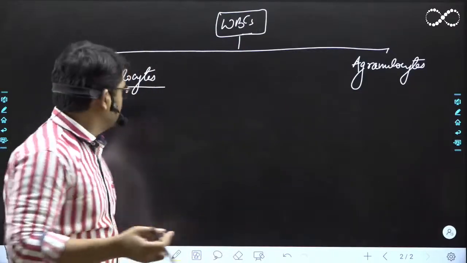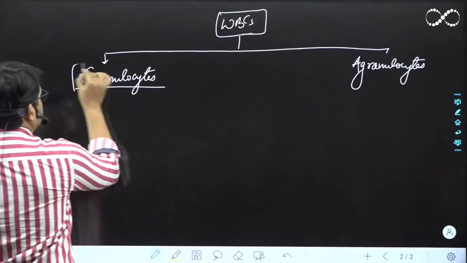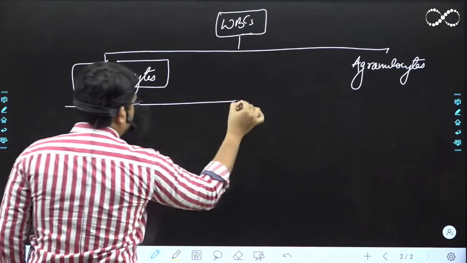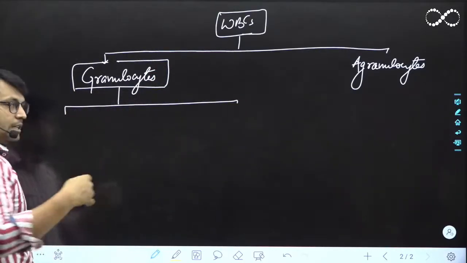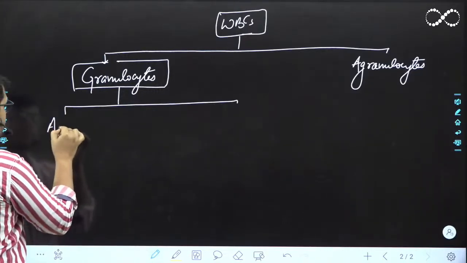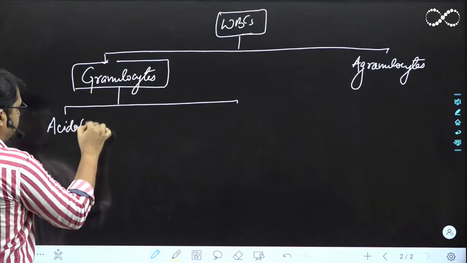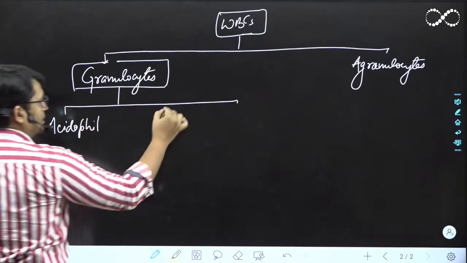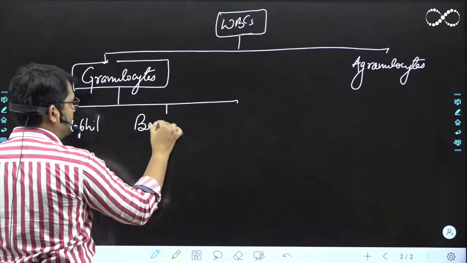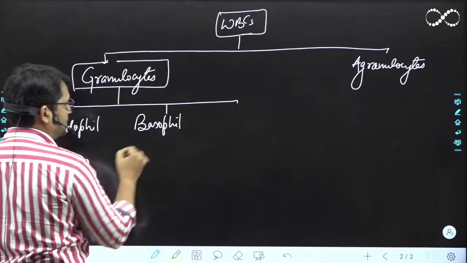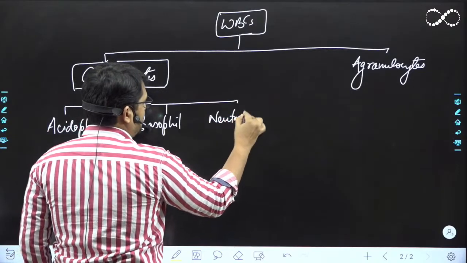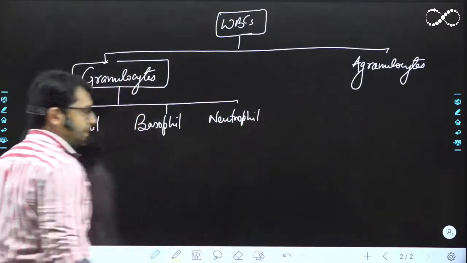So that's why we call them granulocytes, and depending on which kind of dye they are being stained by, they can be of three types: acidophil if they get stained easily by the acidic dye, or basophil if they get stained by the basic dye, and neutrophil if they get stained by both acidic and basic dye.